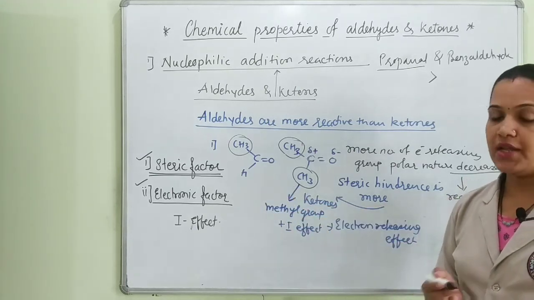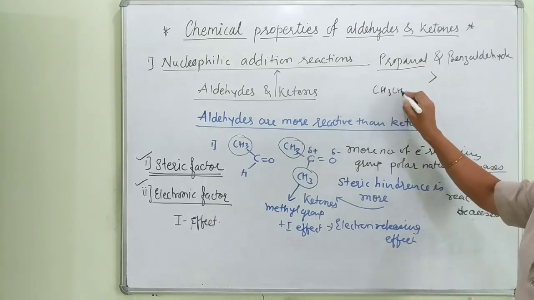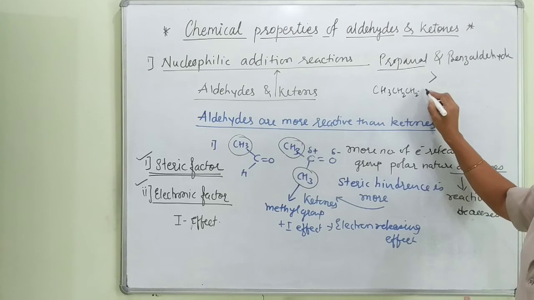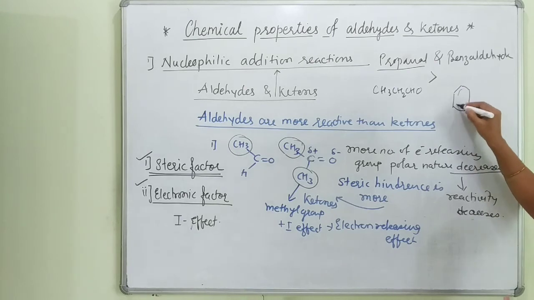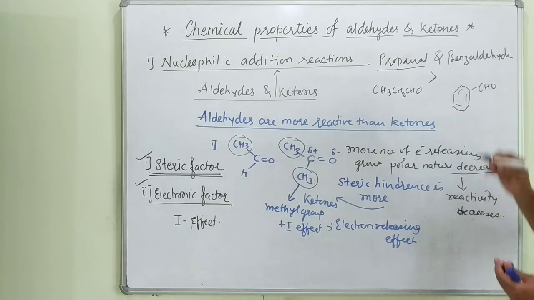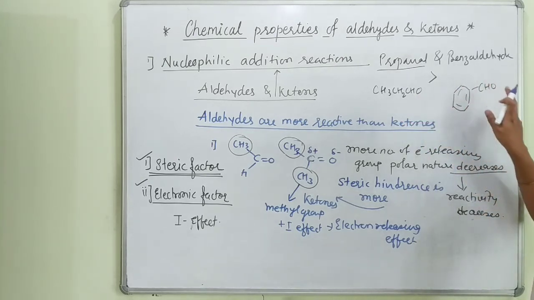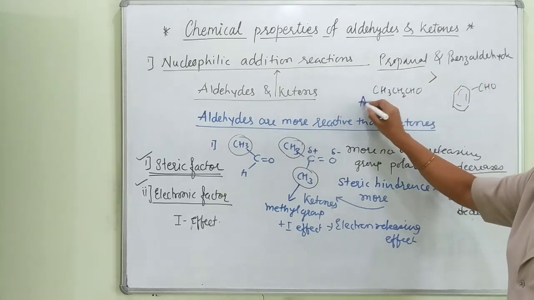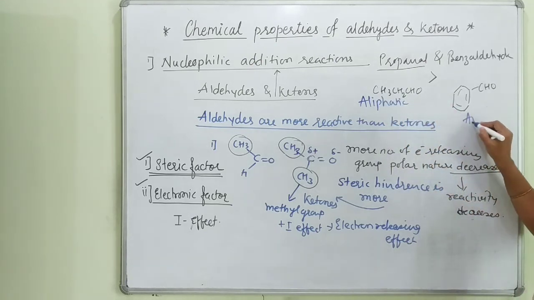Simply, in propanal we have CH3, CH2, CH2, then CHO, and in benzaldehyde here it is CHO. So when we compare, it is aliphatic aldehyde and aromatic aldehyde.